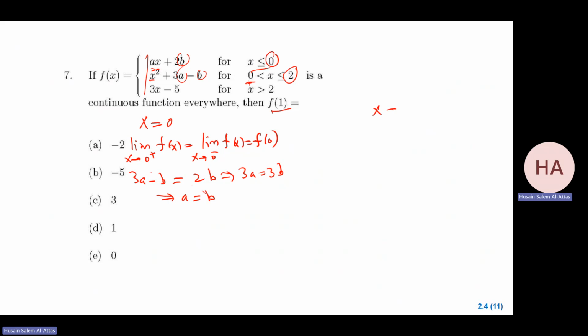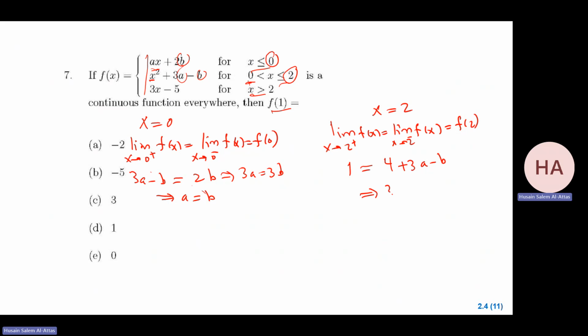For x equal to 2, what will happen? I need to do the same. The limit as x goes to 2 from the right equals the limit as x goes to 2 from the left equals f at 2. From the right, that will be 3 times 2 minus 5, that is 1. From the left, that will be 4 plus 3a minus b. f of 2 will just be redundant.